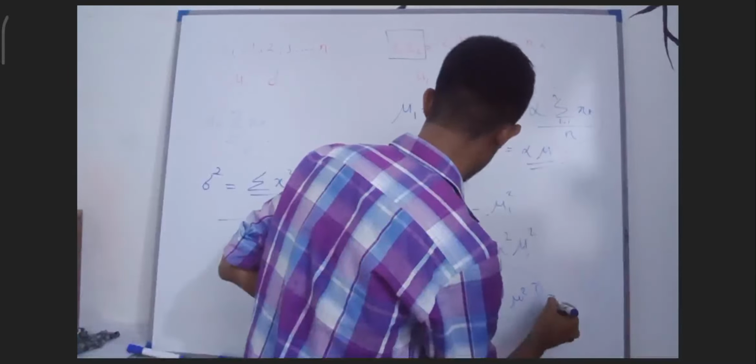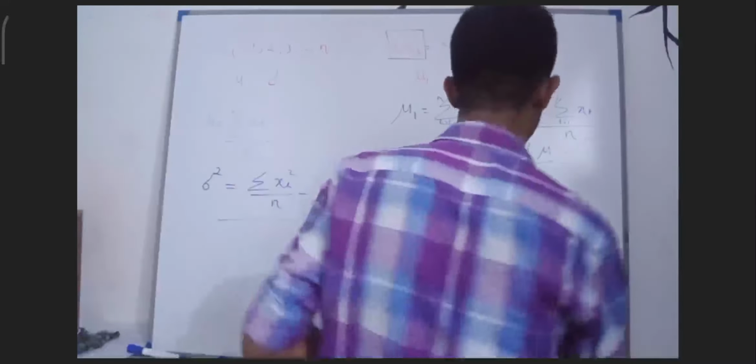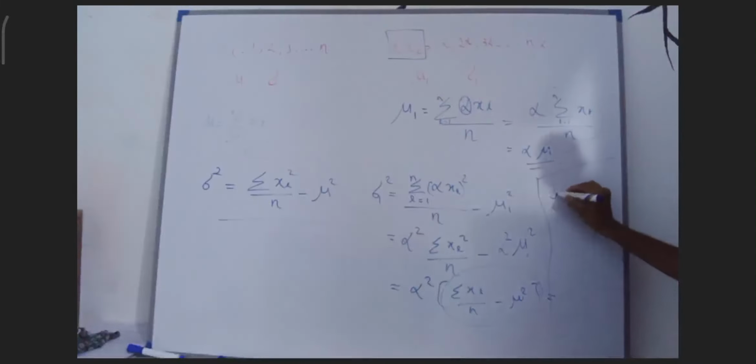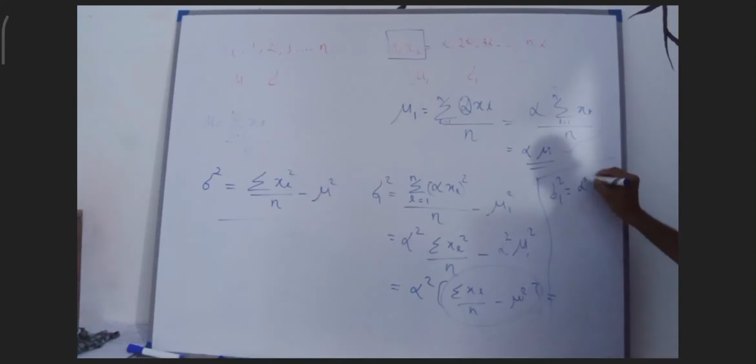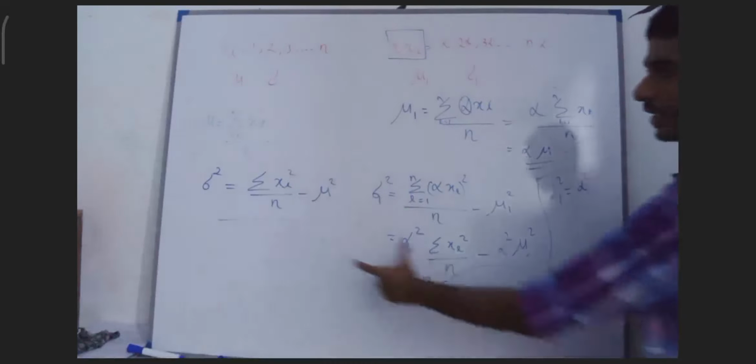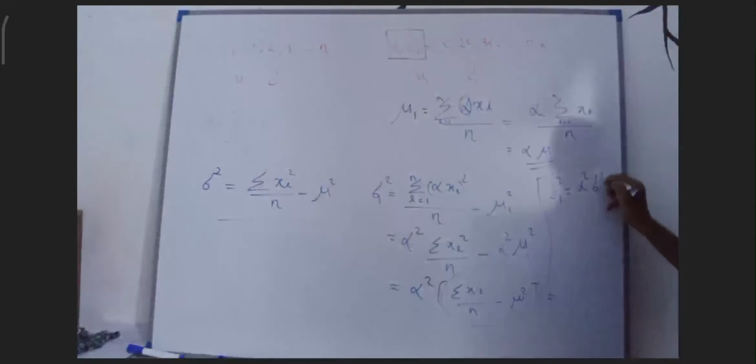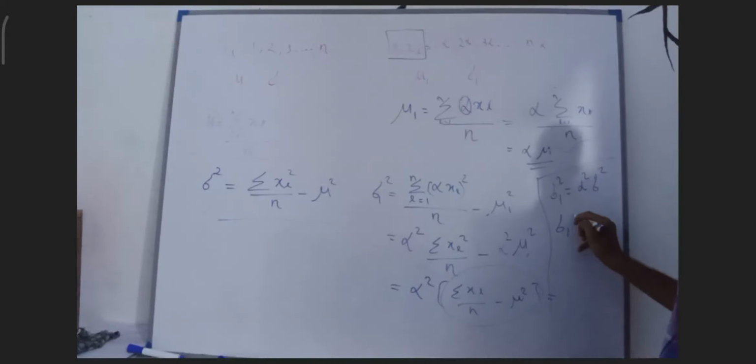So I will write over here, sigma 1 squared is equal to alpha squared sigma squared. So the standard deviation sigma 1 is equal to alpha sigma.